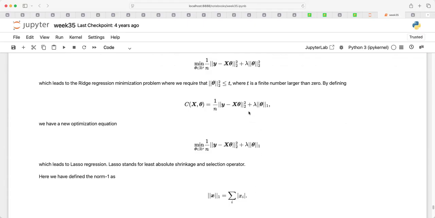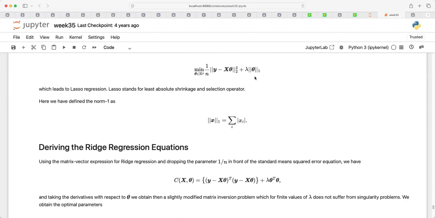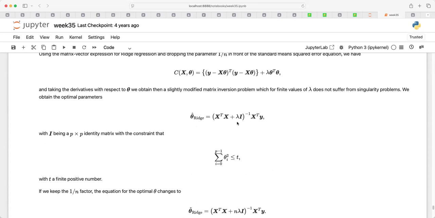So this introduces a new parameter. So when I take the derivative of this expression with respect to theta, I'm going to get what's called ridge optimization, where the only thing I need to do now is to invert a new matrix.